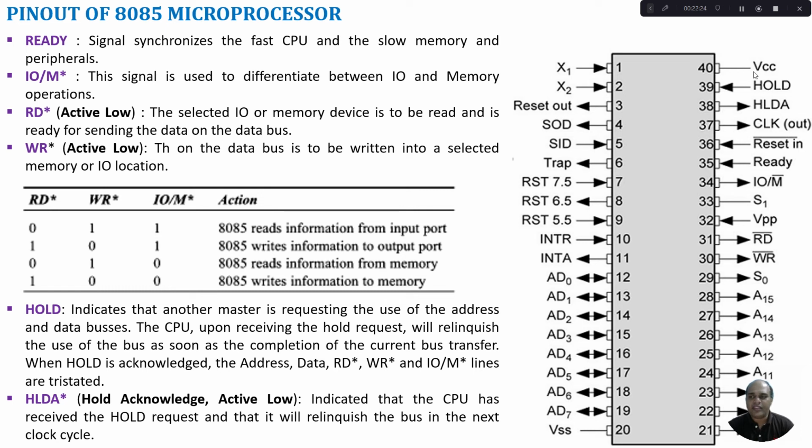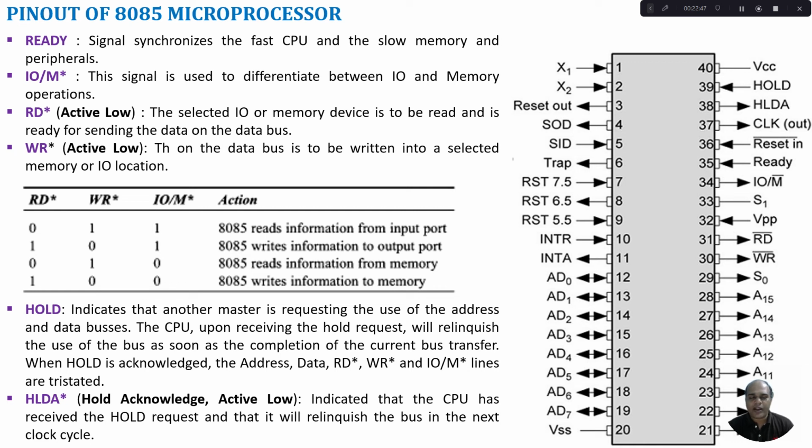Upon receiving the request on the HOLD line, the CPU can respond to the DMA controller through the HLDA line, the hold acknowledgement line, which means the CPU is ready to transfer control of the address, data, RD bar, WR bar and IO M bar lines to the DMA controller.